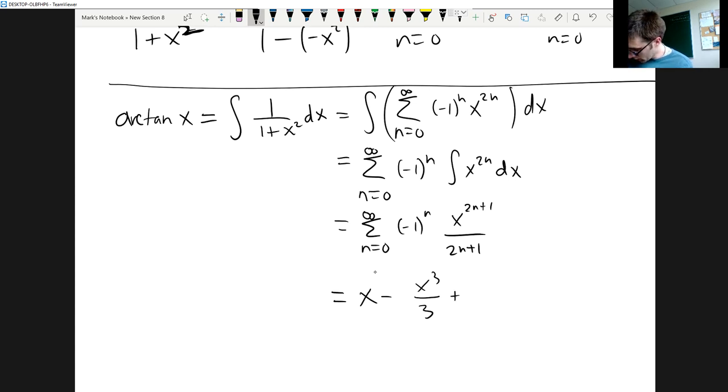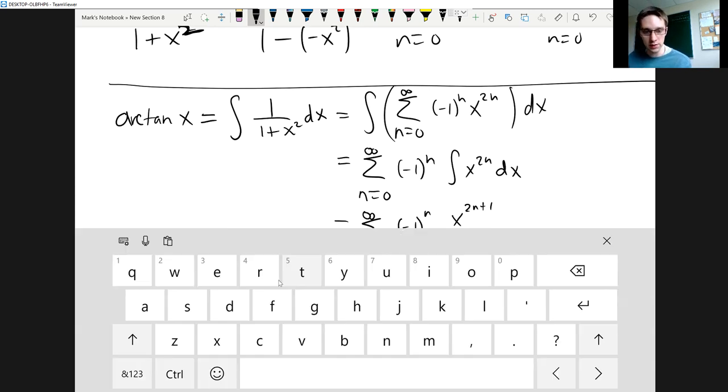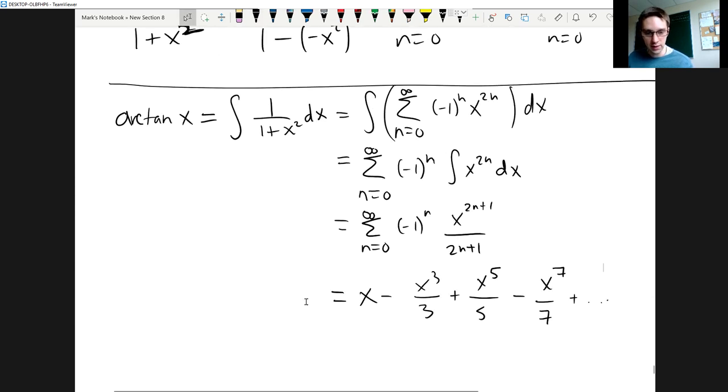And then the next one would be x to the 5th over 5 and x to the 7th over 7. And you can see there's a nice pattern there. And that's going to go on forever. Okay, so there's the arctangent function written as a power series. It is a power series centered at 0.